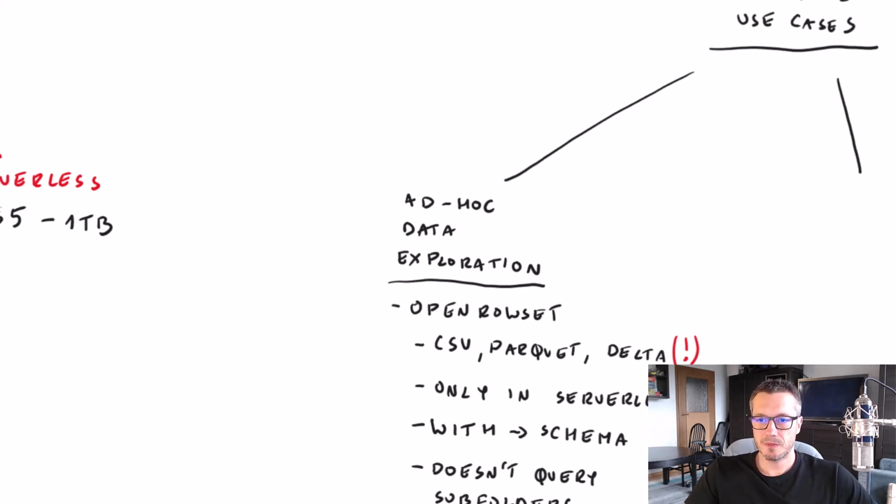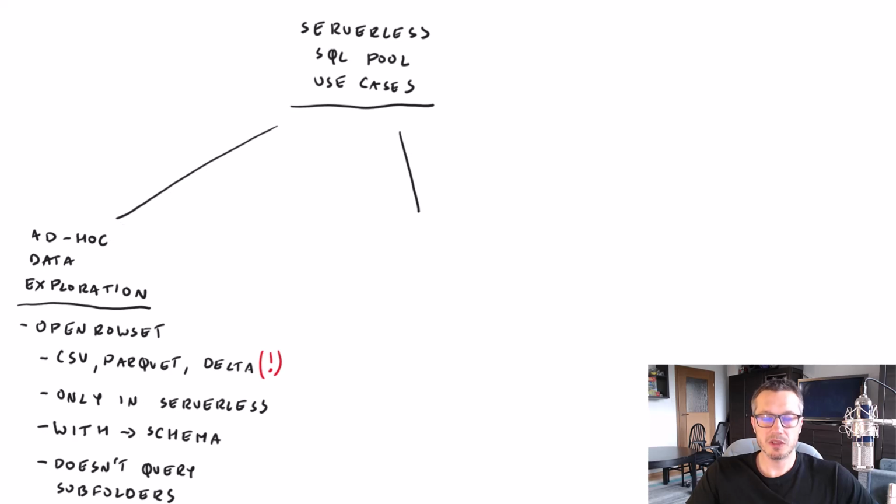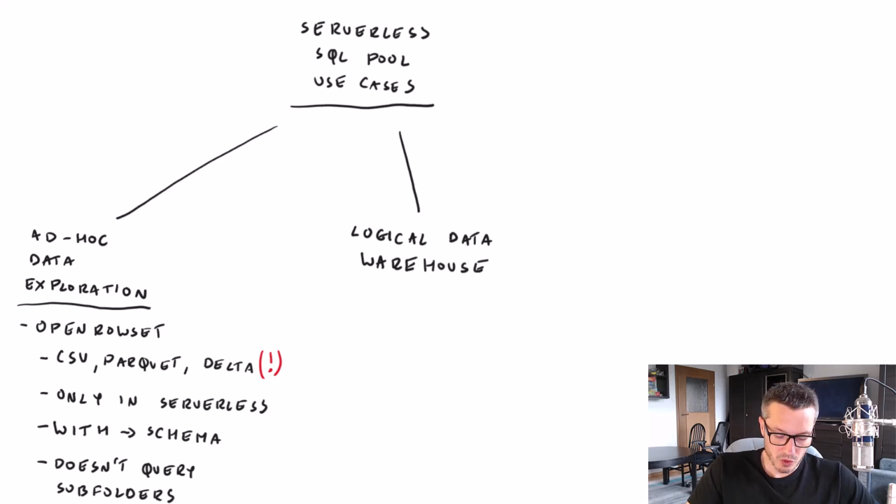All right, so that was the first use case for serverless. The second one is to use it to create this logical data warehouse, which is basically a lakehouse. So if you recall one of the first episodes when I was talking about different architectures, then what I mean here is this lakehouse one.